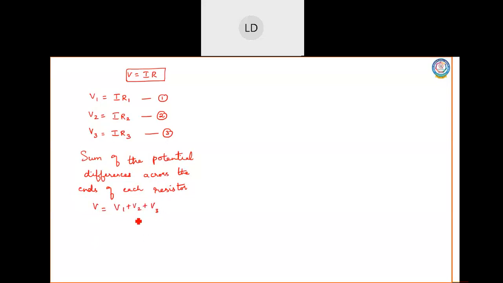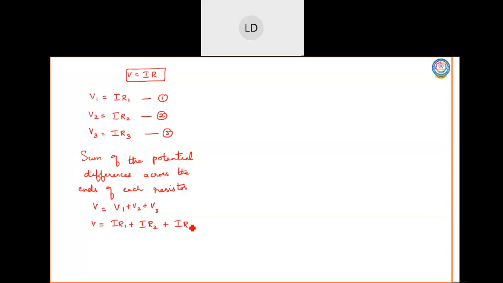So the total potential difference will be the sum of the individual potential differences across each resistor. Now I have the values for V1, V2, V3, so I substitute these values in this equation. The equation now becomes I into R1 plus I into R2 plus I into R3.